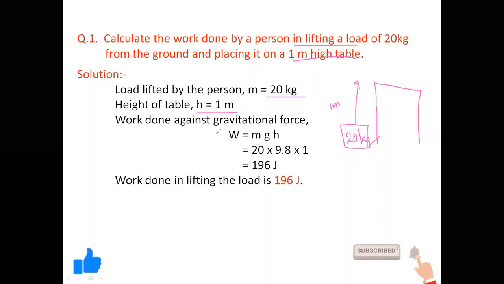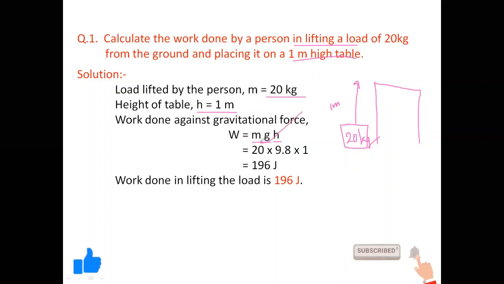So work done is against gravitational force, so W is equal to mass into gravitation, this is the force, into displacement. Okay, work done का formula है हमारे पास force into displacement, और force के जगह पे हम लोग weight of the object लिए, that is mass into acceleration due to gravity. ओके, mg into displacement done, जो h हाइट पे उसे उठा करके ऊपर टेबल पे रखा गया, that is the displacement.